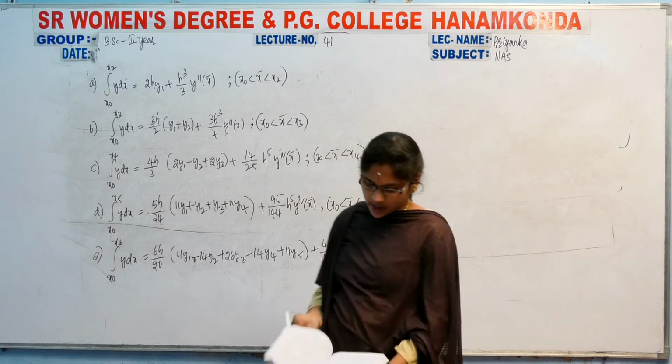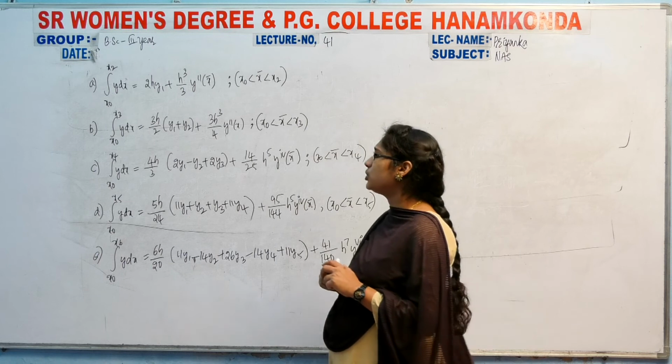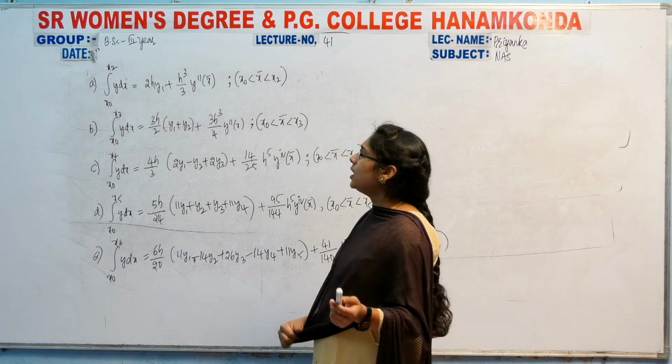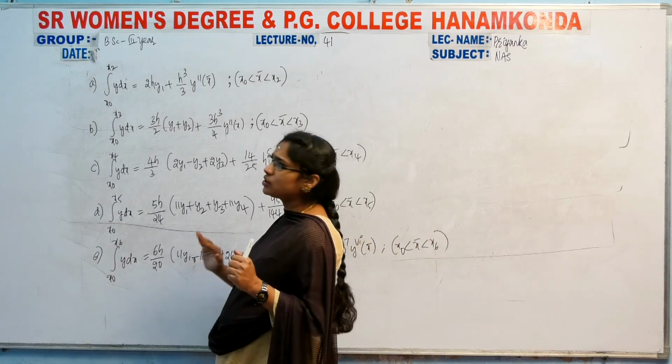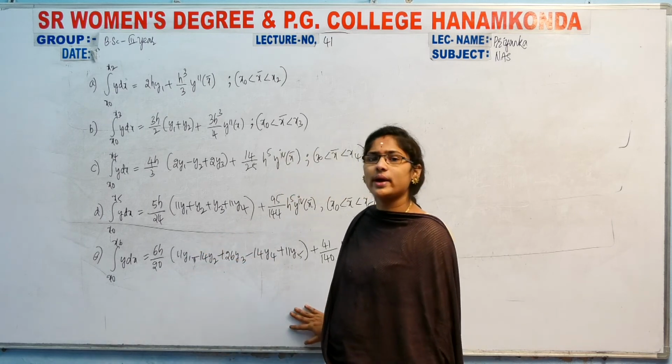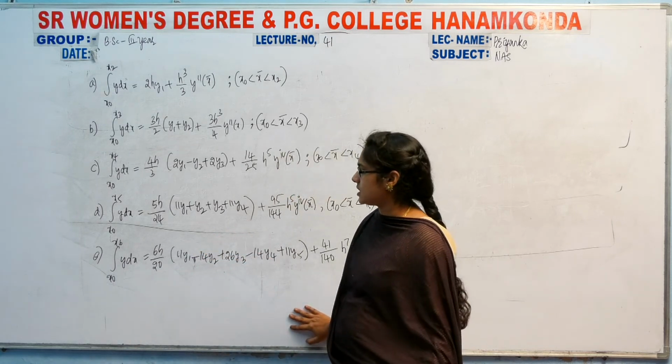Now these are nothing but the Newton-Cotes formulas. Simply, the Newton-Cotes formula says the integration from x0 to x2, x0 to x3, x4, x5, x6.